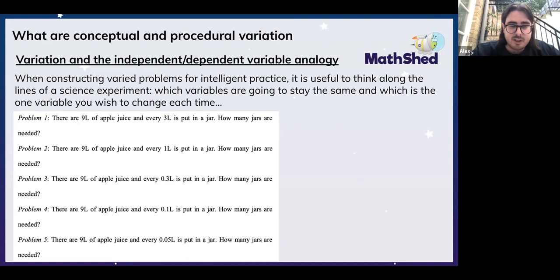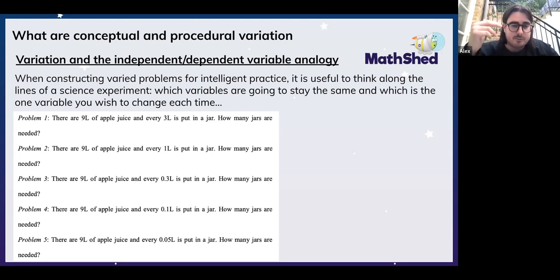However, with each question, it gets slightly more difficult, and it's really about building children's confidence as well. So there are 9 litres of apple juice and every 3 litres is put in a jar. How many jars are needed? 3. That's a very simple solution relying on a simple times table fact.